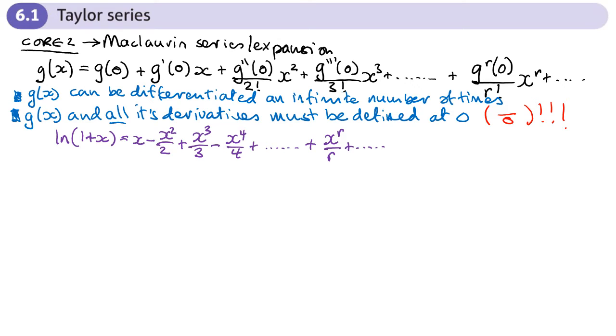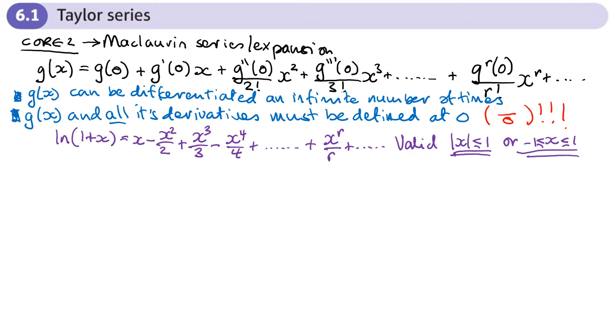But this expansion is only valid if the modulus of x is less than 1. Another way of saying that is that the values of x that we substitute into this expansion can only be between 1 and minus 1 for the series to converge. Yeah, any infinite series that we write, we're only really interested in ones that converge. And this is only going to converge if the modulus of x is less than 1.